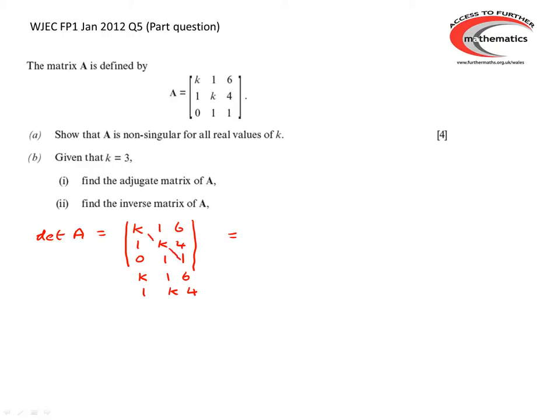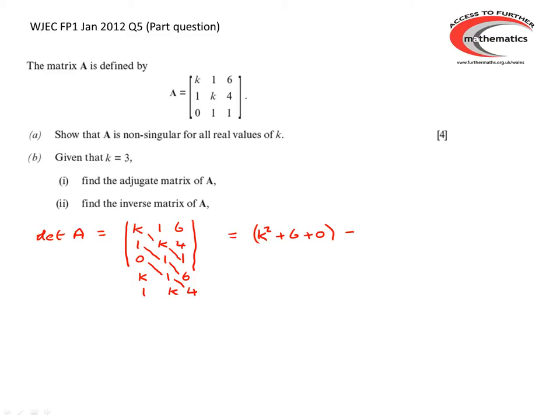The first diagonal I've got is k times k times 1, which is k squared. The next diagonal is 1 times 1 times 6, so that is 6. And the last diagonal is 0 times 1 times 4, which is 0.